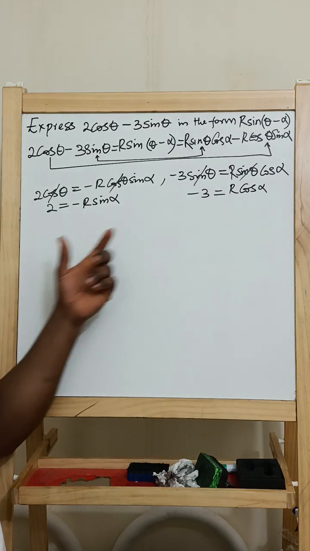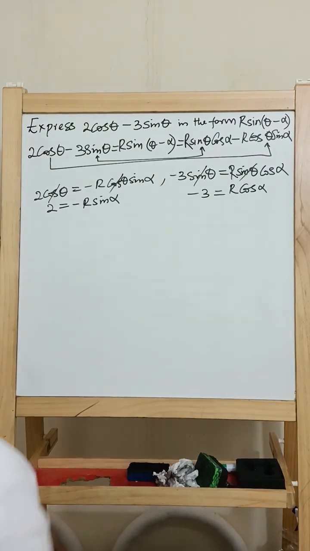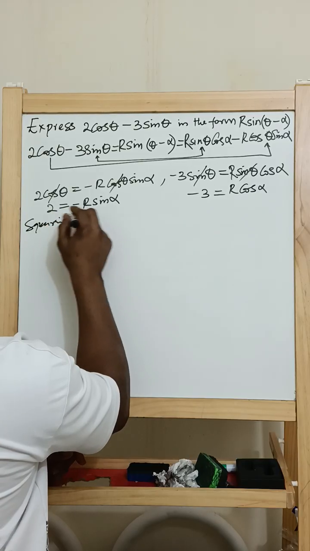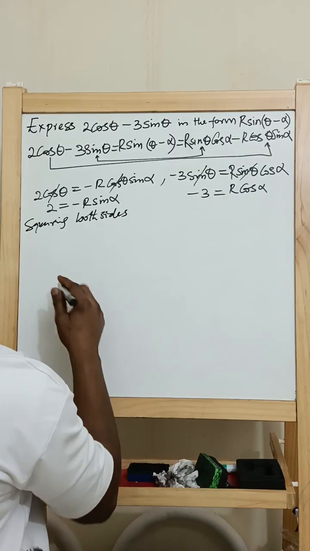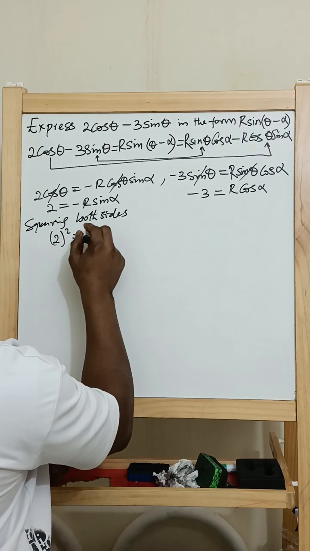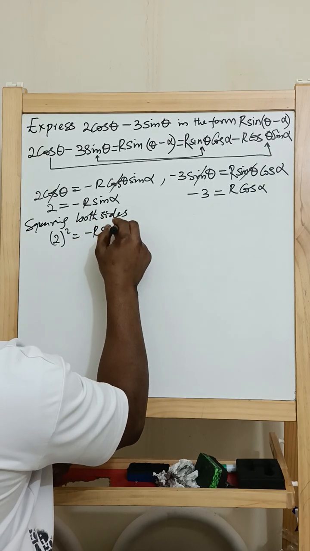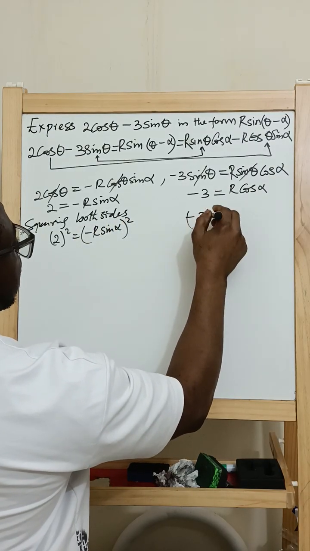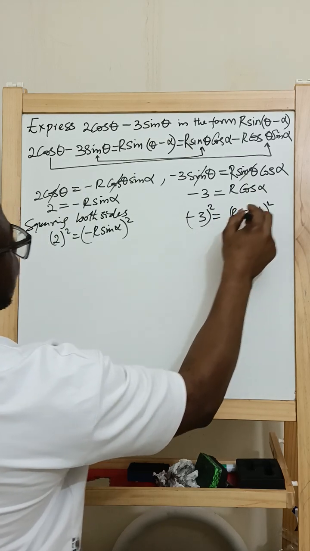So if we square this and we square this, squaring both sides, that's going to be 2 squared and minus r sin alpha squared. Then minus 3 squared and r cos alpha squared.